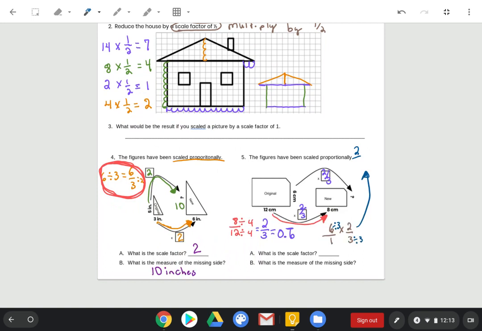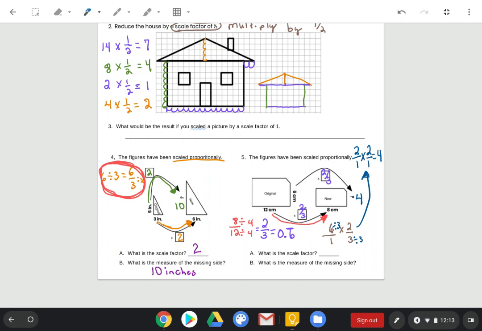We didn't do anything to the 1 in the denominator. Bring up the multiplication sign. We did not do anything to the 2. And 3 divided by 3 is 1. So basically, we just have 2 times 2, which is 4. Okay, so our missing value is 4.